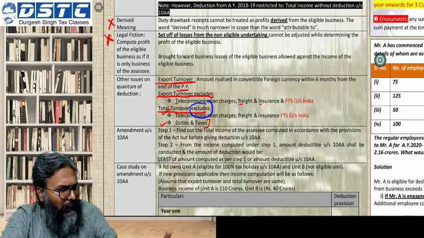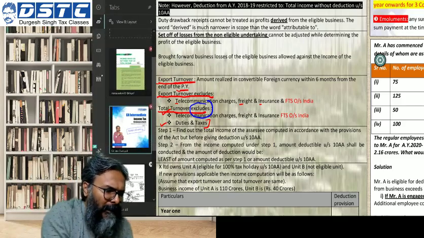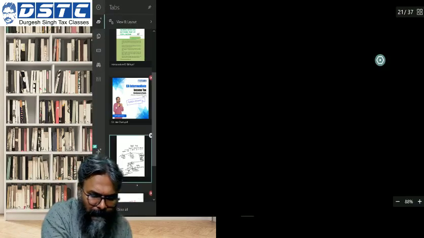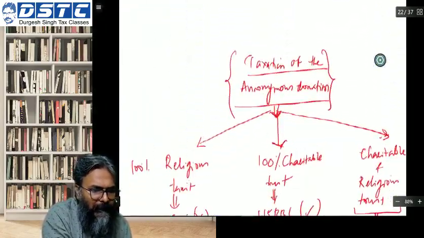With that, now let's try to take the things forward. AMT, students, is our next concept, which we will now discuss quickly. AMT, alternate minimum tax.